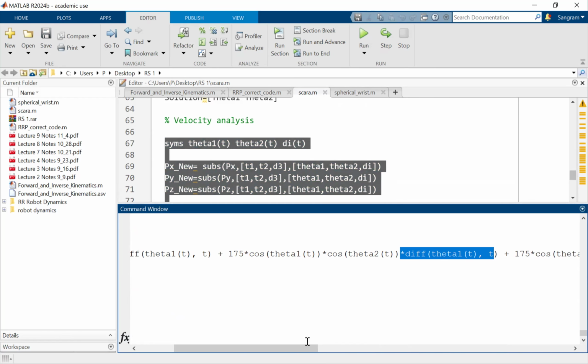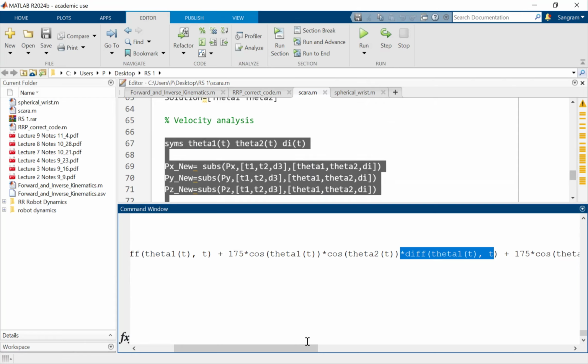Now, if I want to find the acceleration, then what? Very good. Everyone understood? If I want to find the acceleration, I will do the same process, but now I would take the derivative of velocity.